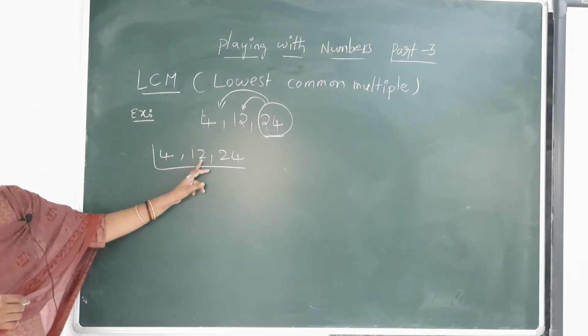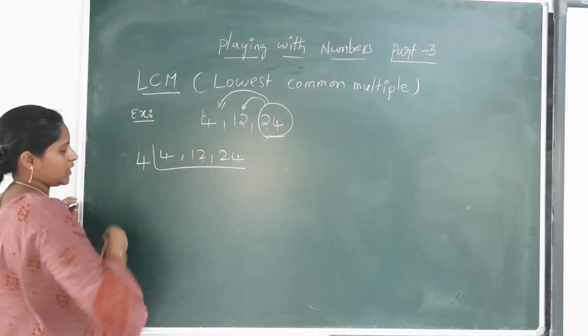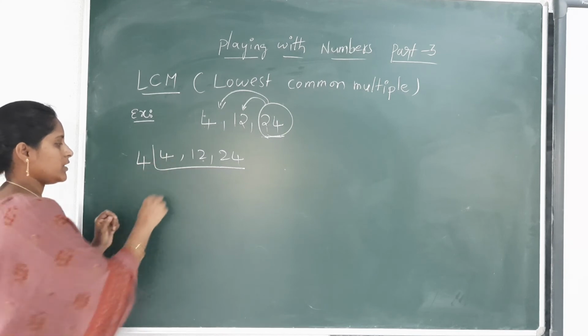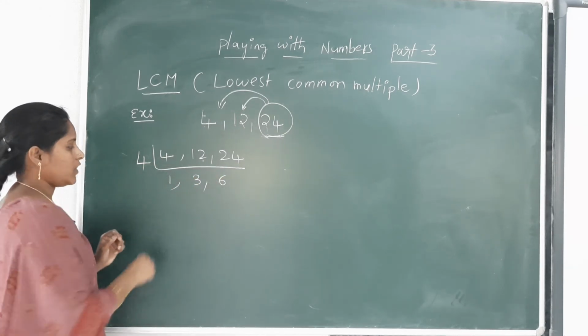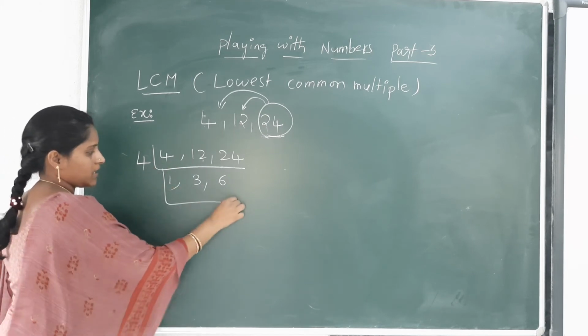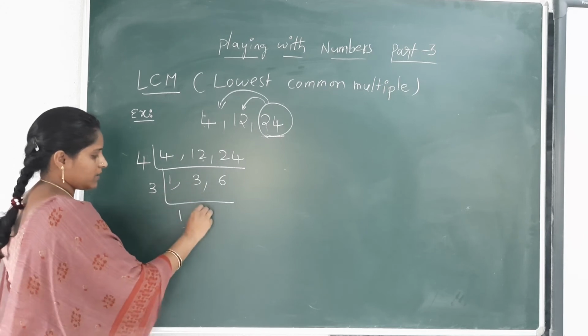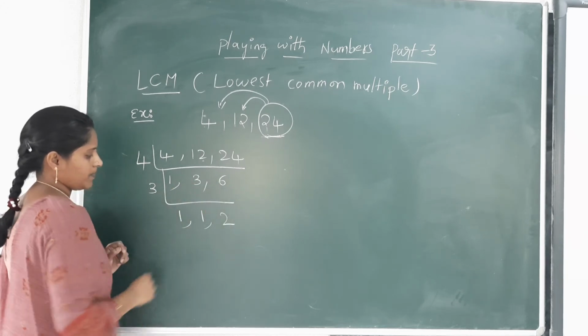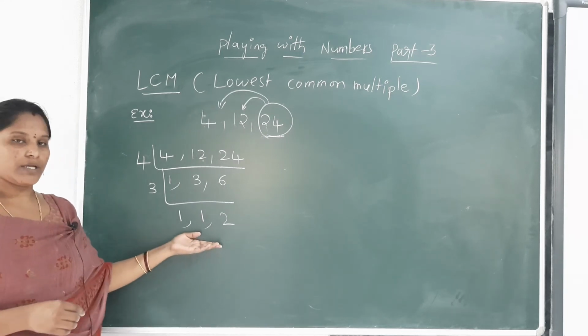For these three numbers, the common table is 4, so I have taken 4 here. 4 1s are 4, 4 3s are 12, 4 6s are 24. Again, for these two numbers, 3 is common, so write 1 here, 3 in this one, 3 in this one. Again, there are no common factors for any two numbers, so up to here is enough.